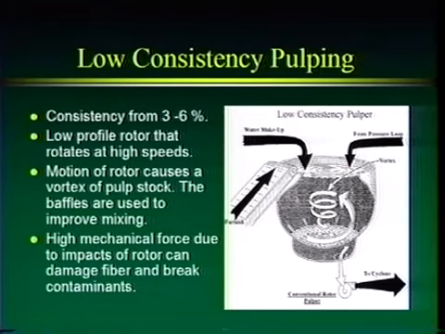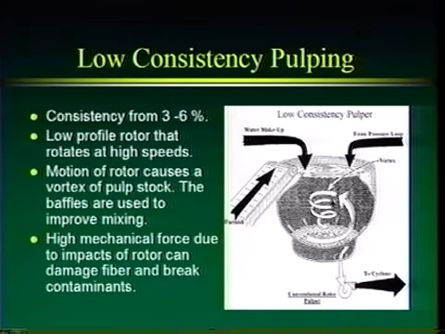Now I'm just going to generally describe low consistency pulping and high consistency pulping for you. Low consistency pulping, as I said before, is around 3 to 6%. The rotor is typically at the bottom of the pulper. It can be on the side of the pulper in some cases, but mostly in the bottom. It usually has a low profile with some teeth sticking up, and it's rotating at high speeds.